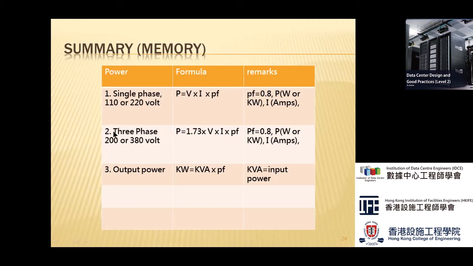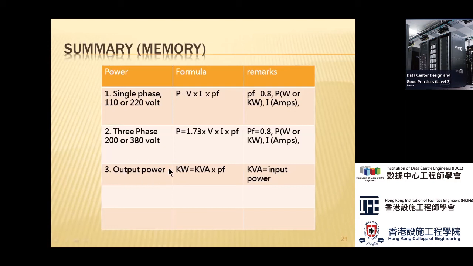You would ask, why 200 here? In some Asian countries or in America, they use 200 volt as the three-phase voltage. For example, in Taiwan, they have three-phase voltage using 220 or 200 volt.